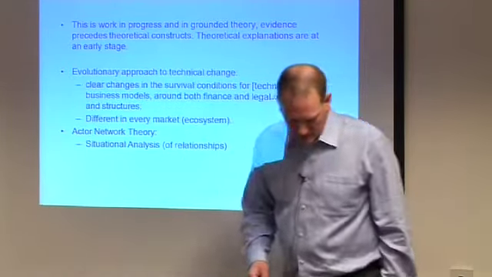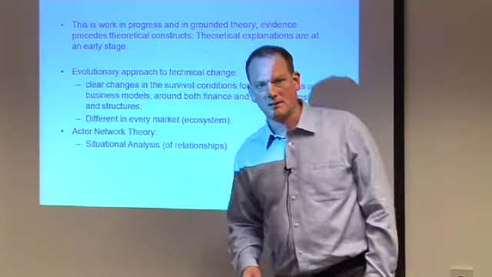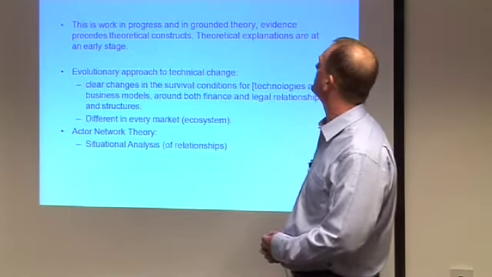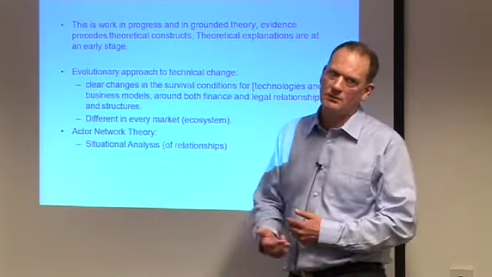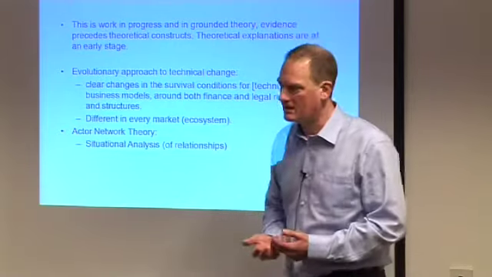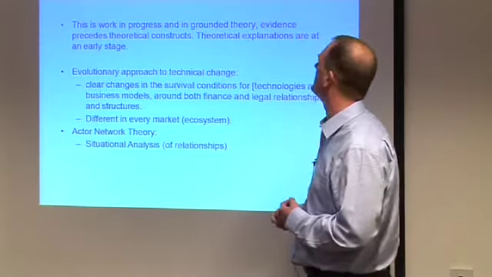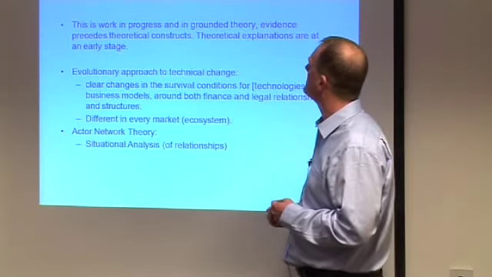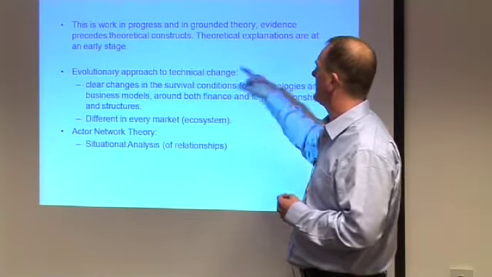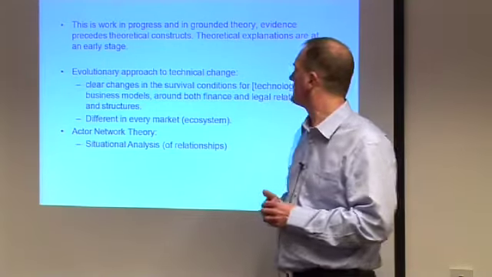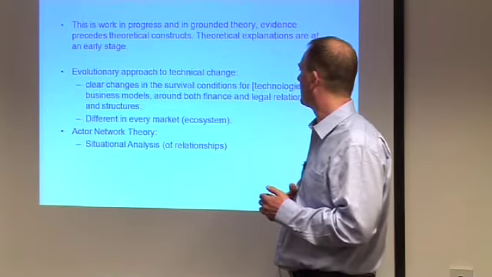So as I say, I've done a lot of work in putting the evidence together, but the theoretical work, to do some explaining about what's happening here and what could happen better based on the theoretical literature, is still very much in progress. I've talked about an evolutionary approach to technical change, and that's one that I'm very keen on.